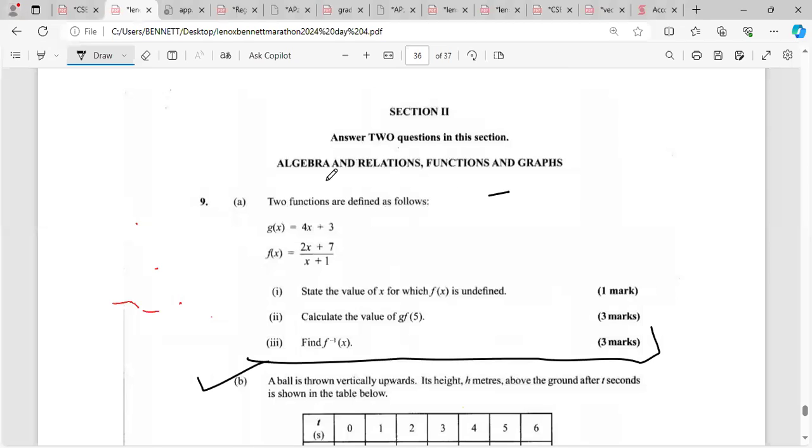Alright guys, so it says two functions are defined as follows. g of x is equal to 4x plus 3, while f of x is equal to 2x plus 7 over x plus 1. Let me check McFarlane's one first.